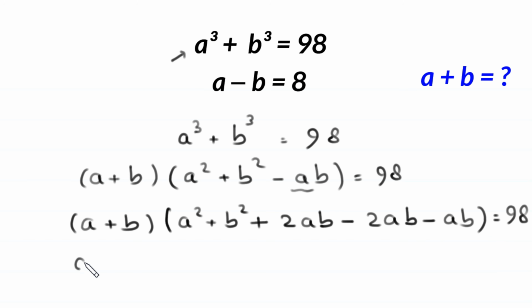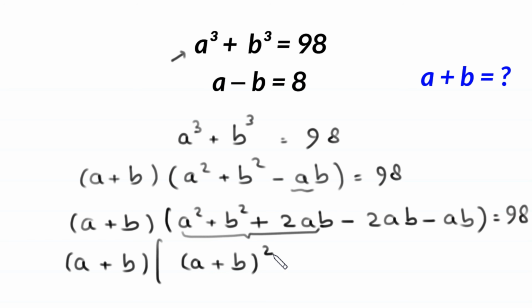Next, a plus b times this a squared plus b squared plus 2ab will become a plus b whole squared, and negative 2ab minus ab will become negative 3 times ab equal to 98.